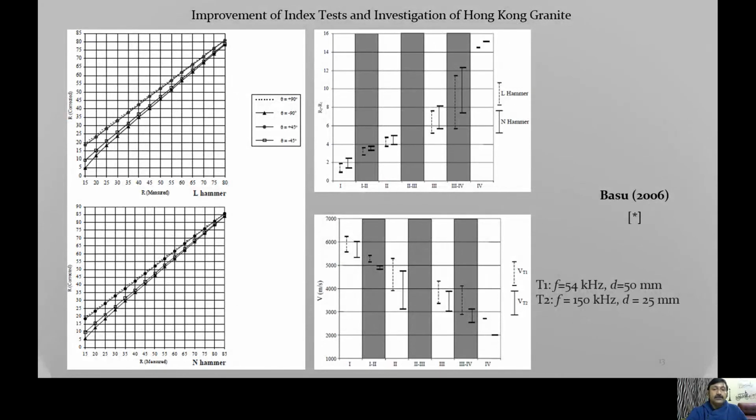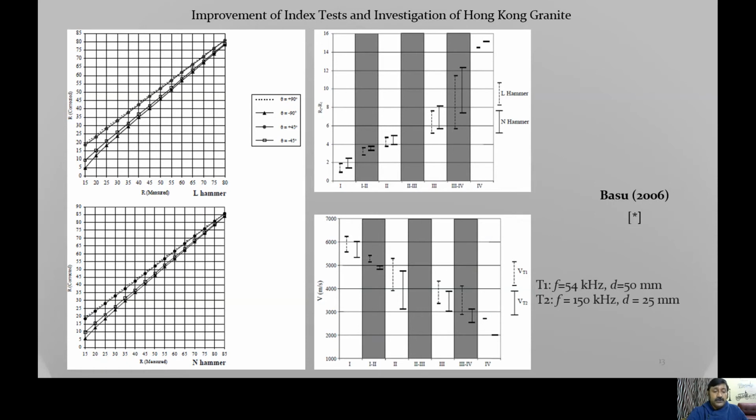And regarding this, we have a chart proposed by Deere and Miller in 1966, which was developed empirically, and for four different directions, the rebound value can be normalized in the horizontal direction.